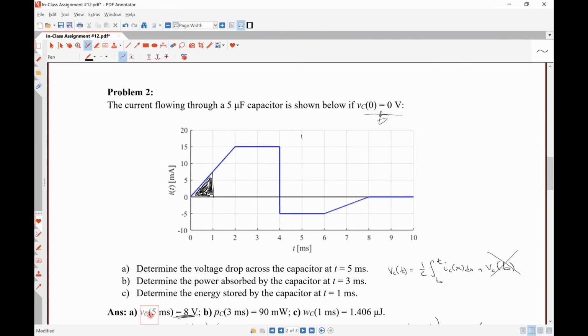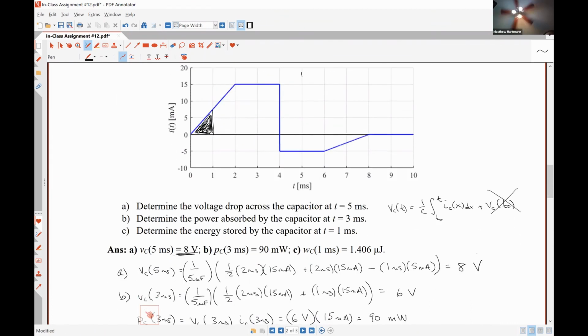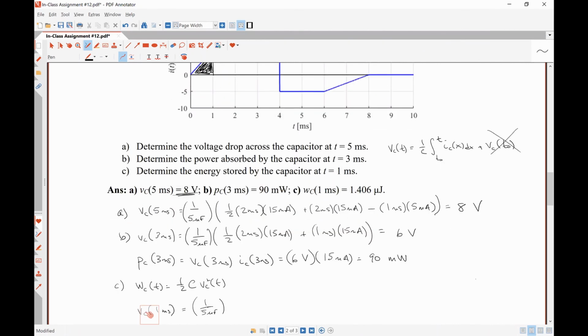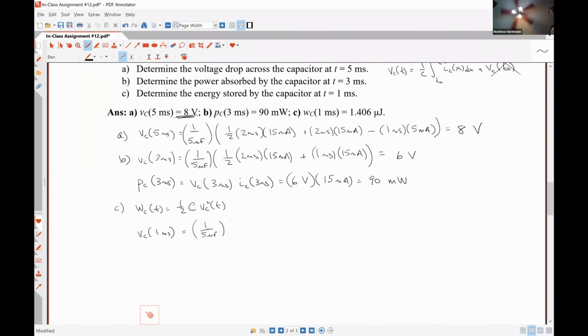Yes. All right, so somebody other than you, because you seem to be answering most of the questions, tell me how I'm going to go about doing that. It would be 1/2 times 1 millisecond times 7.5 milliamps. Right. Yeah, nothing wild or crazy here. So 1/2 times 1 millisecond times 7.5 milliamps.